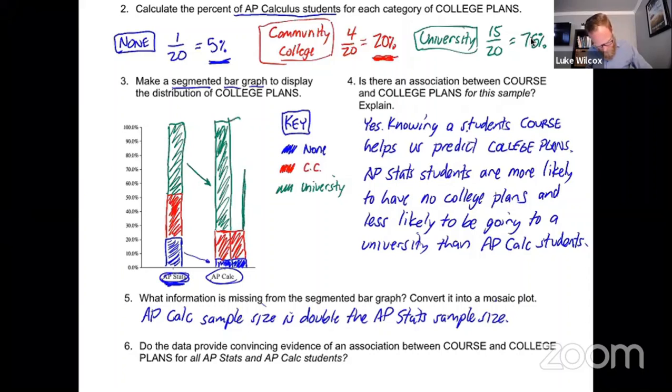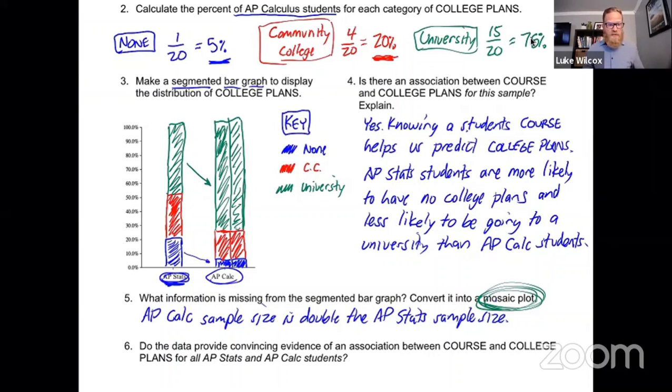So all I'm doing here is doubling up my bars. And now I have what's called a mosaic plot. And from the mosaic plot, you can actually tell the difference in the totals based on the width that you see of the bars.